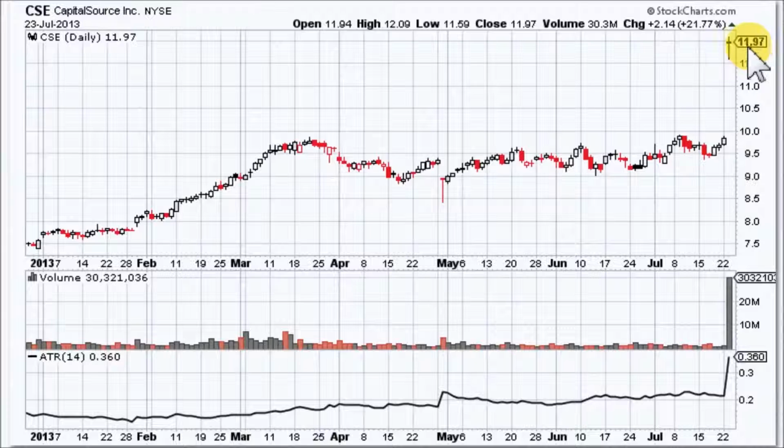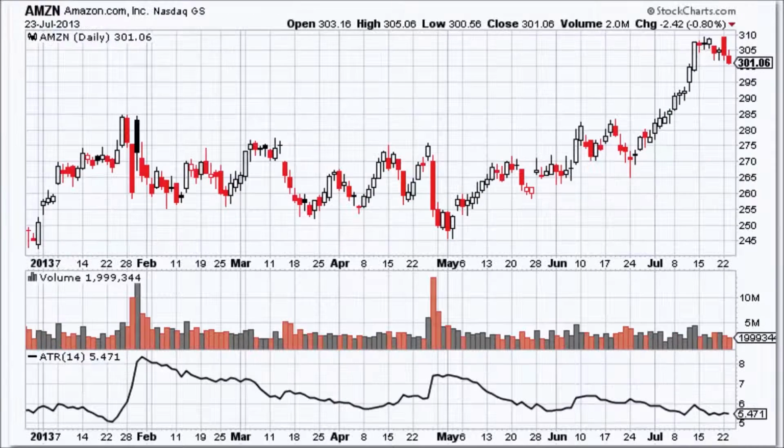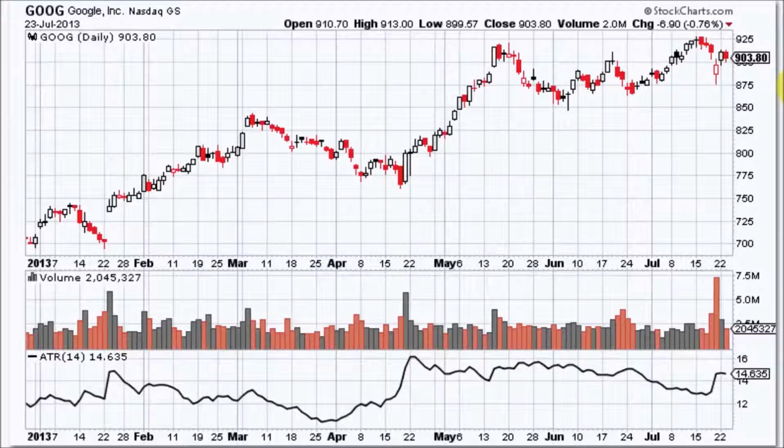A stock in the $12 range has an ATR of about 0.35. Then you get to the more expensive stocks like Amazon in the $300 range, and you will see an ATR reading of about 5.5. And then Google at over $900 has an ATR reading just over 14.